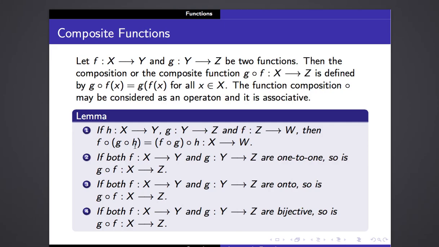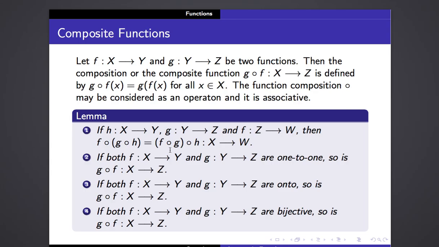But what do we mean by something like h followed by g followed by f? One may say this is my definition of that, or one might say this second one is my definition of h followed by g followed by f.